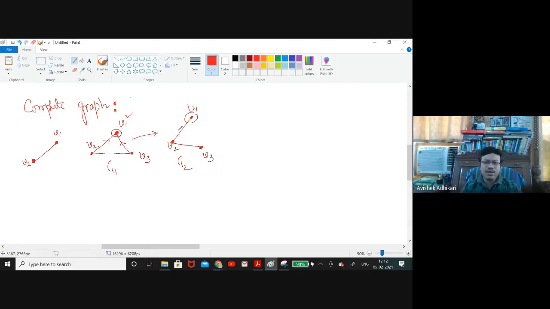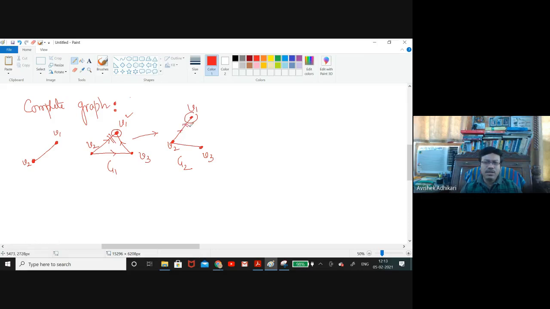But here there is only one path from V2 to here. If there might be some congestion here, there would be maybe a longer route. Suppose you want to come from V2 to V1, and you found that there is some congestion here. So you can deroute the whole thing, and you may go from V2 to V1 through this path. In that way, intuitively, you can say it.